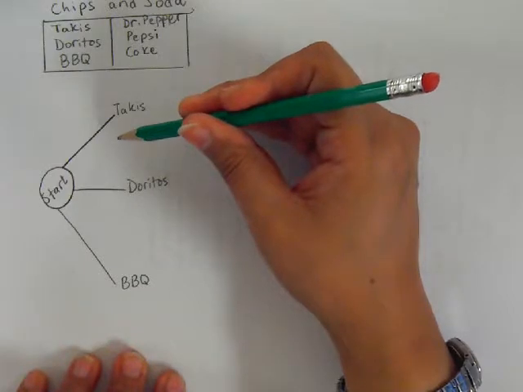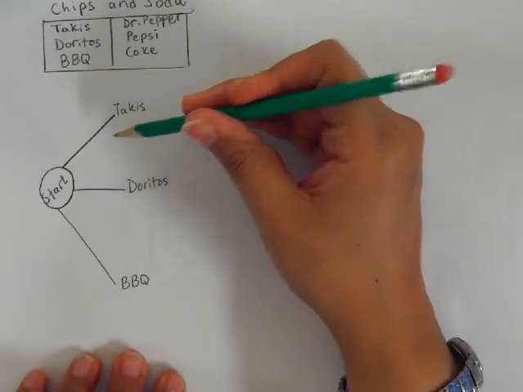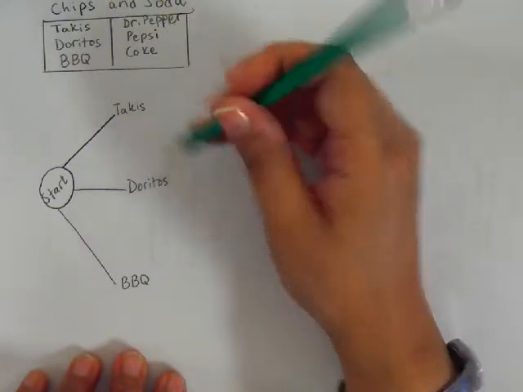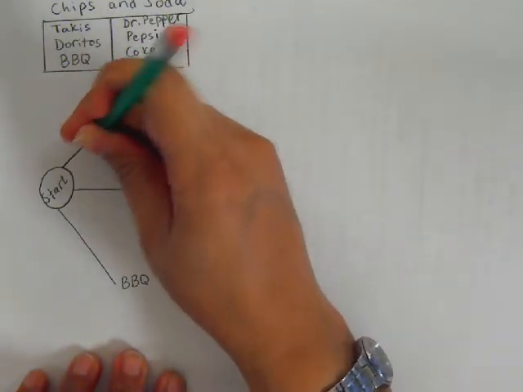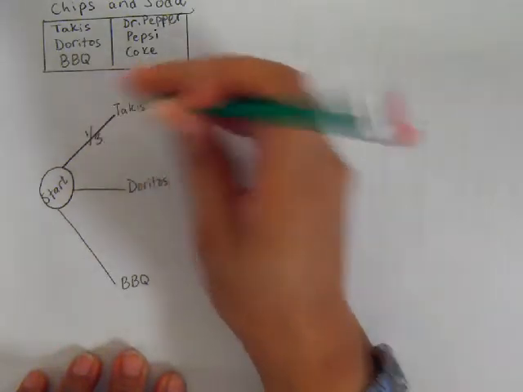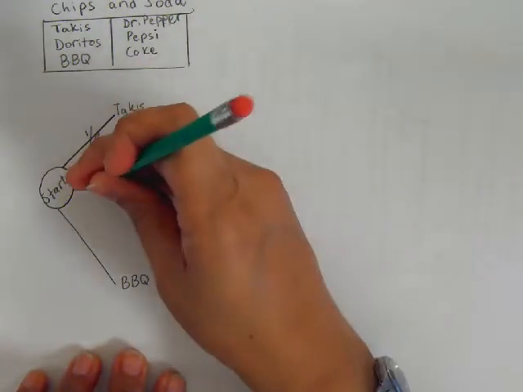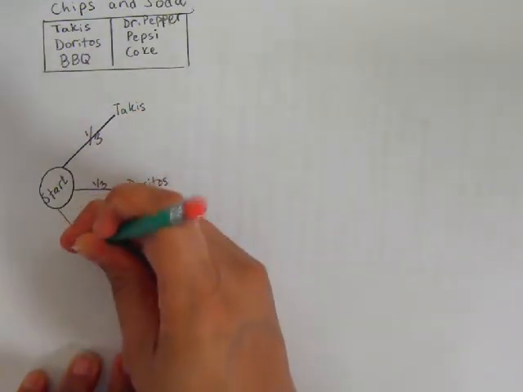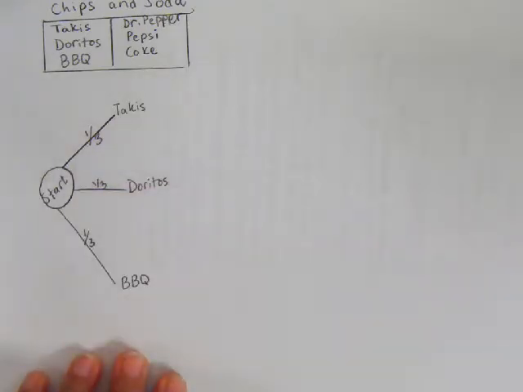And since they are equal, and there are 3 of them, then you closing your eyes and grabbing 1 bag of chips out of the 3 would give you the fraction of 1/3, and we write that directly on top of the line. Sometimes people write it next to it, that's fine, so you can read it. However it works for you, be clear, make sure you can read your own handwriting. Beautiful. All right, so that's choice 1, that's our event 1. And we're done with that part.